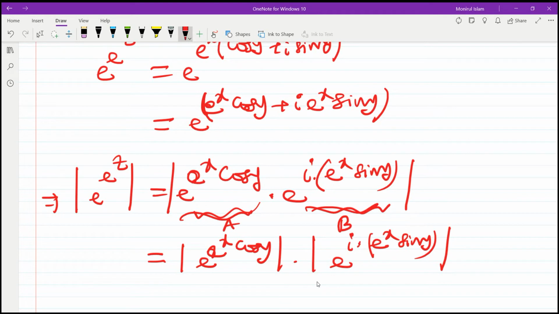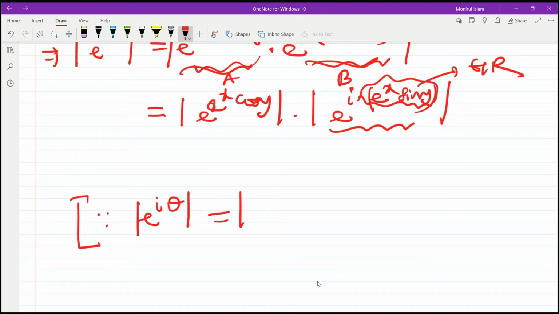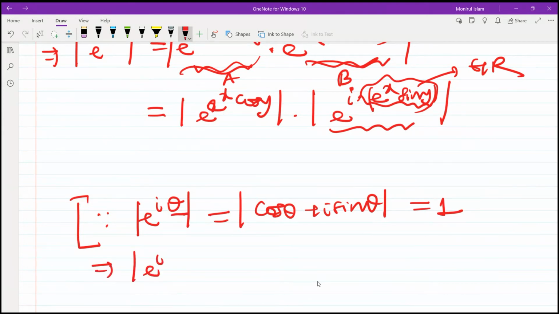Now we all know the mod of e^(i theta), where theta is any real number, is 1. Modulus of e^(i theta) is nothing but cos theta plus i sin theta, and its mod is 1. Similarly, this is true for e^(i e^(x sin y)).